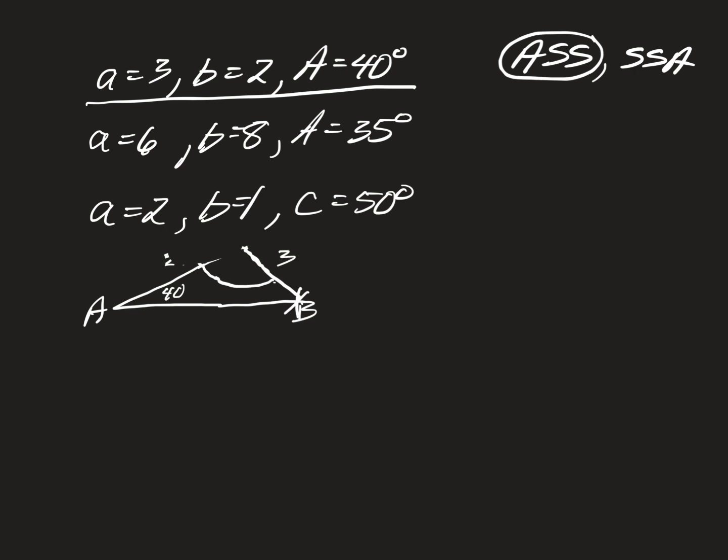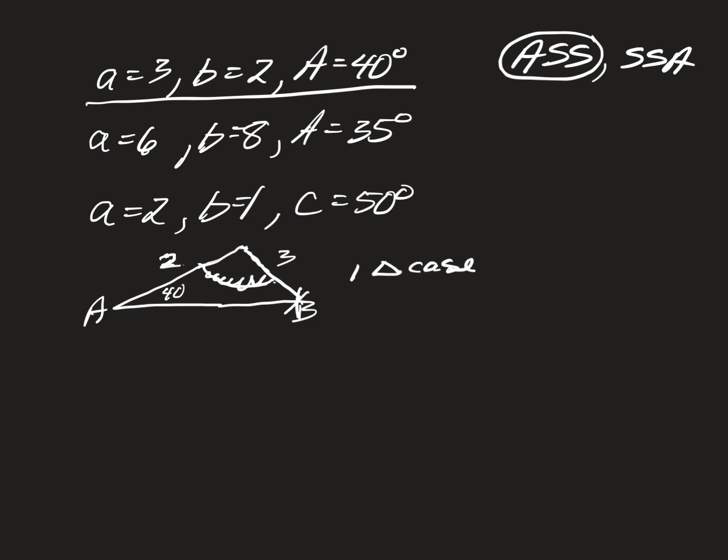Because it swings too far to touch it. So in this case, since we can't swing it because it's longer than that side, that means the 3 is too long. This is a 1 triangle case, okay?